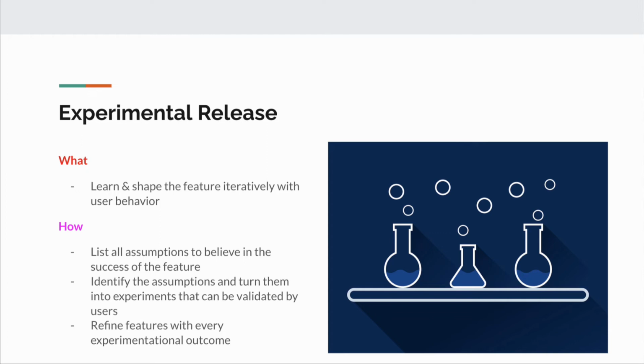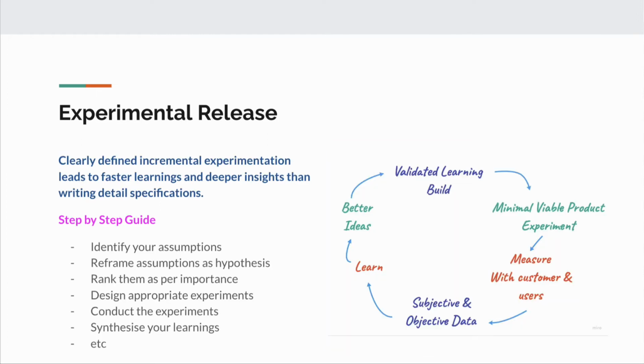This is experimental release. And here, in the experimental release, if we see the validated learning build, they clearly define that incremental experimentation leads to faster learning and deeper insight. Identify your assumptions, reframe assumptions as hypotheses, and then rank them as per importance.